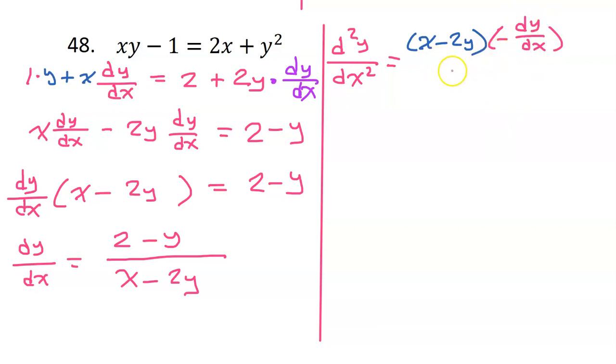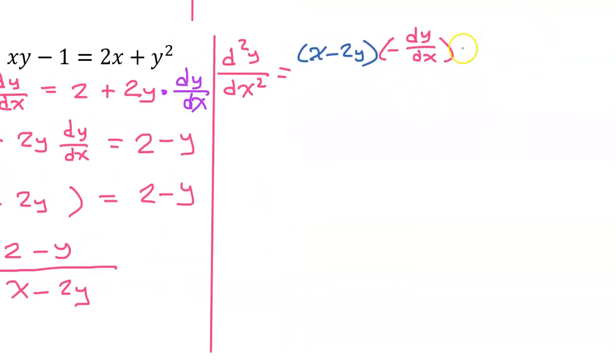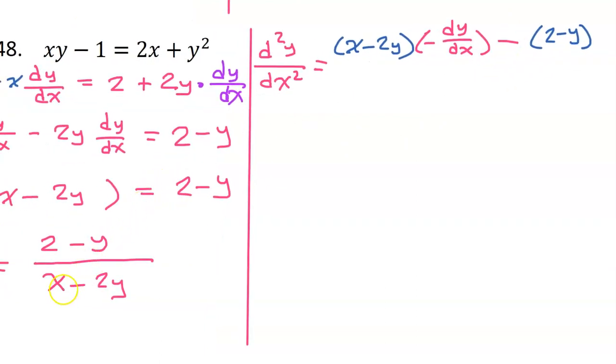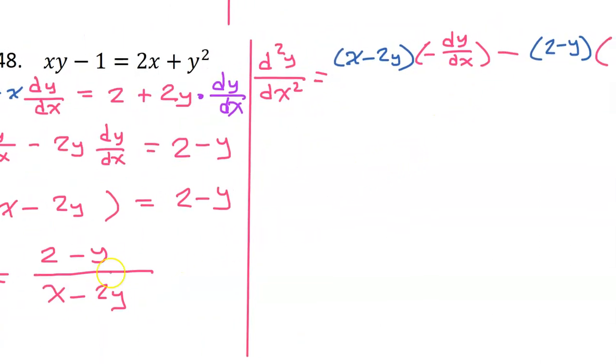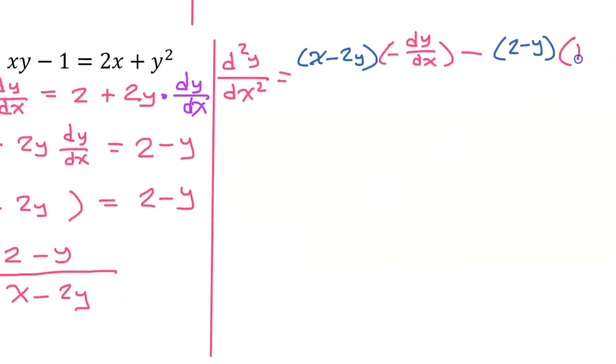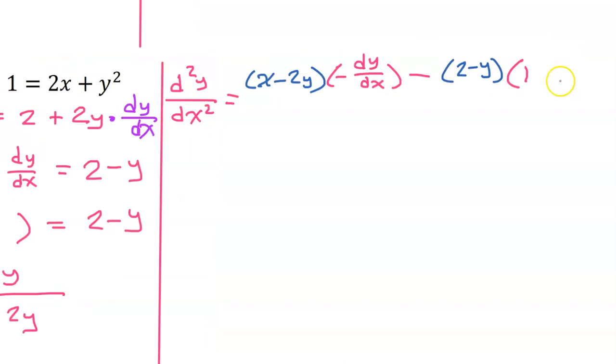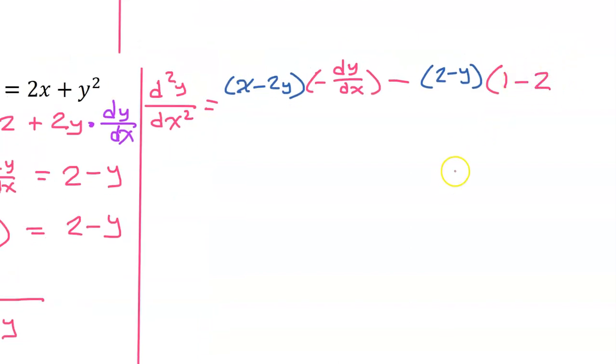So that's low d high less high d low. So high means just write down the numerator, which is 2 minus y. And then d low, derivative of the denominator. The derivative of x is 1. And here's my minus 2.